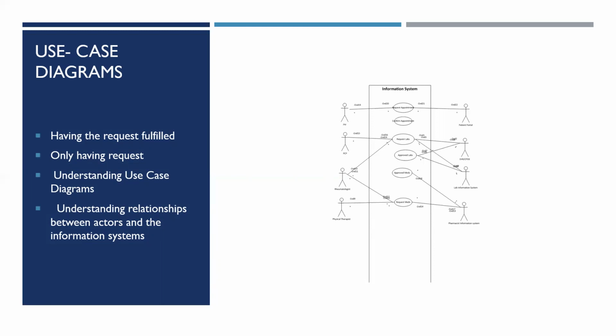Then I had to understand how use case diagrams work, and the relationship between the actors and the information system, so which actors actually interacted with different systems. For example, Joy did not interact with the CPOE system or the EHR. She basically only interacted with the patient portal to schedule her appointments.